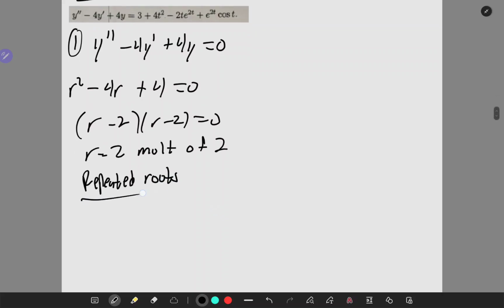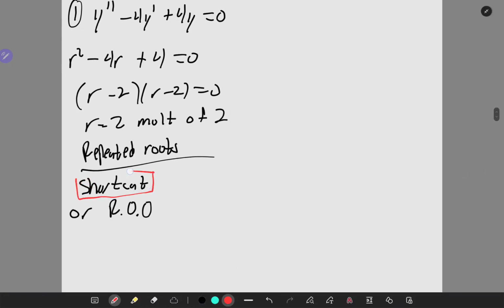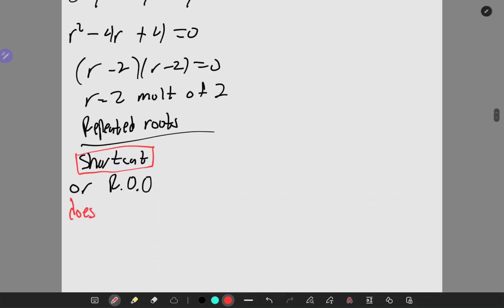So then we'd use either the shortcut method or reduction of order, right? Remember reduction of order? But I'm going to use the shortcut for this because it doesn't ask for reduction of order.